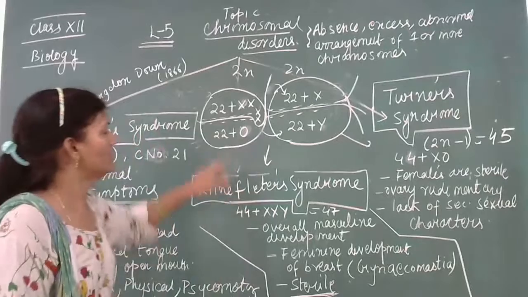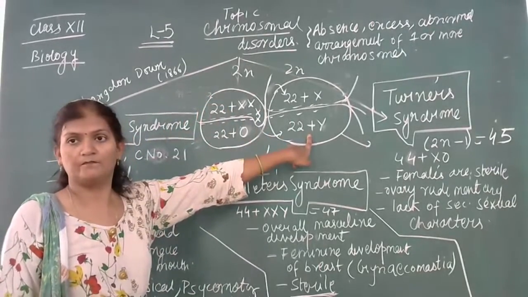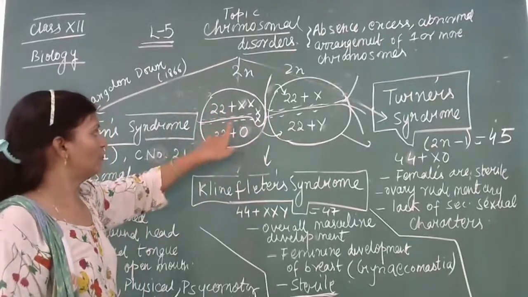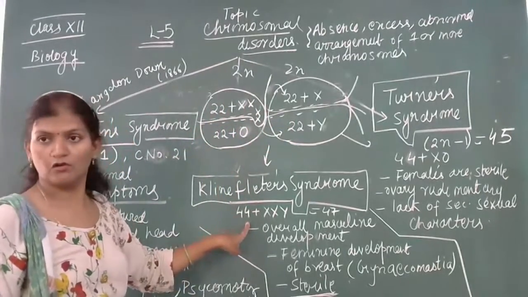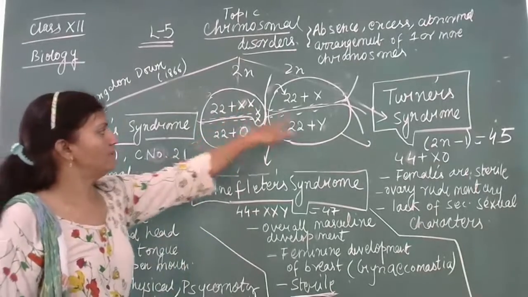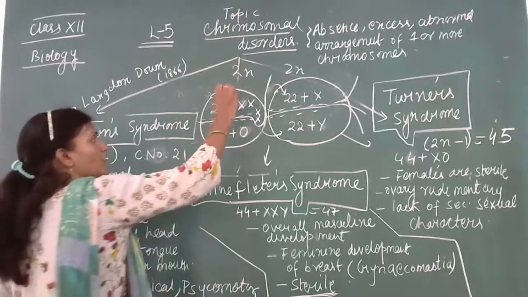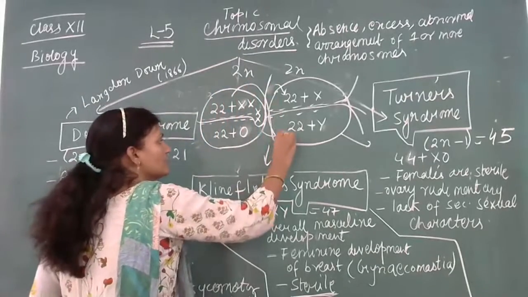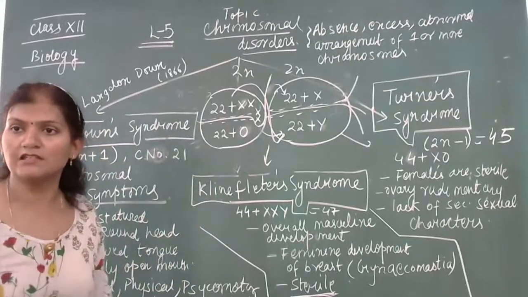Now, what happens when this type of ovum is fertilized by this one? When this type of ovum, 22 plus XX, what will it become? 44 plus X plus 1, so XXY. So if this type of ovum fertilizes with this type, then it will result in Klinefelter syndrome.